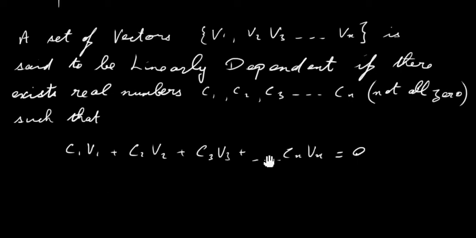So in other words, C1, C2, C3 all up to Cn must all be 0 for this linear combination here to be 0. Whereas for linearly dependent vectors, at least one of these must not be 0, must be greater than or less than 0.